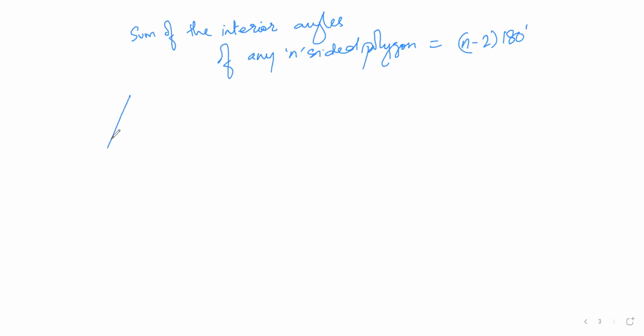So if you were to consider a quadrilateral, for example, n-sided, a quadrilateral has 4 sides, so n is 4. Use this formula: (4 minus 2) into 180 degrees. We all know that the sum of a quadrilateral's interior angles is 360, and we got this as 360.